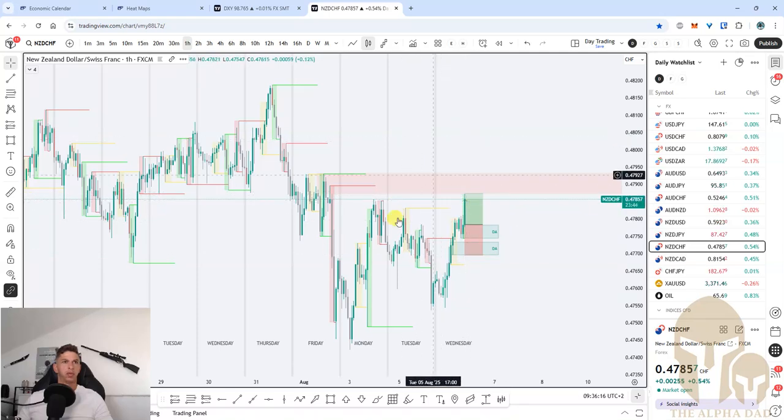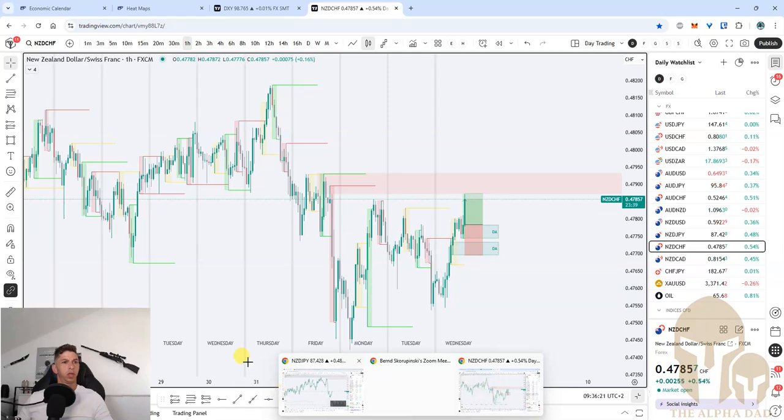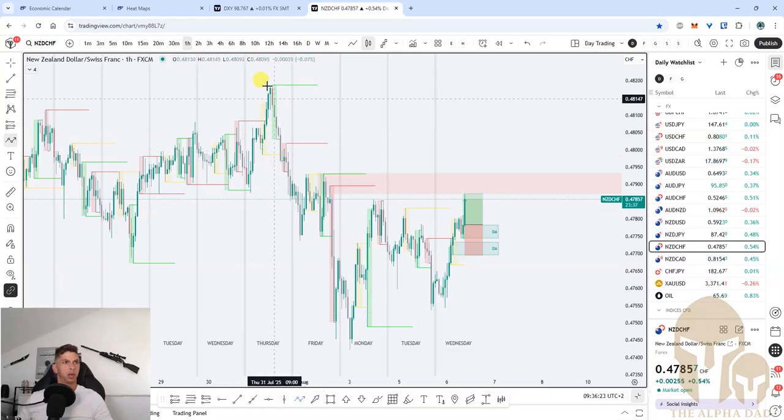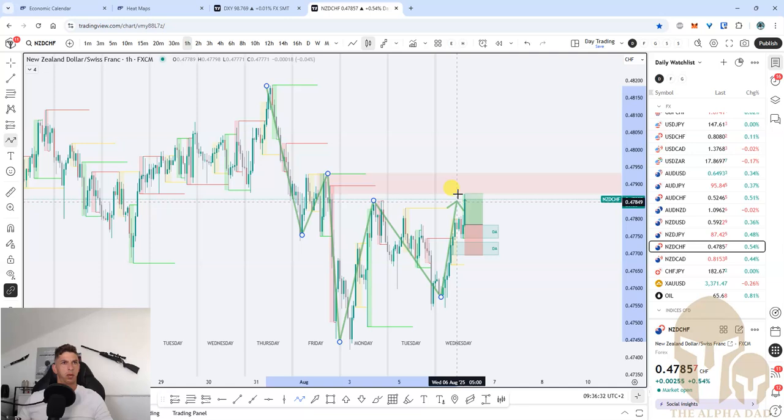Now we could be making higher highs. Low, high, low, high, higher low. Now higher high. For the higher high, it should come around here before going this and this.